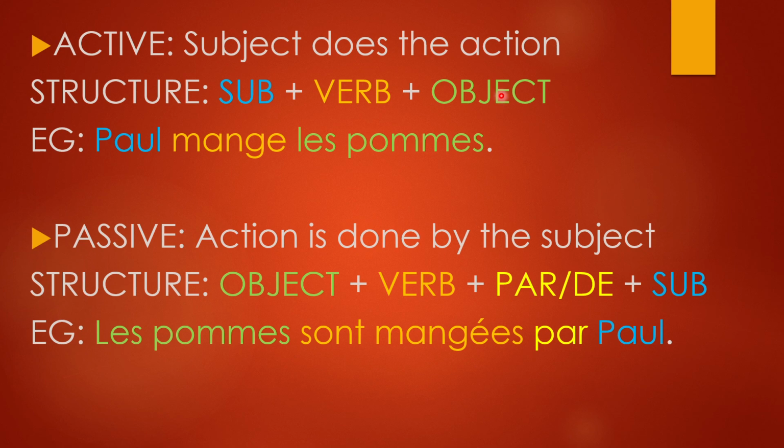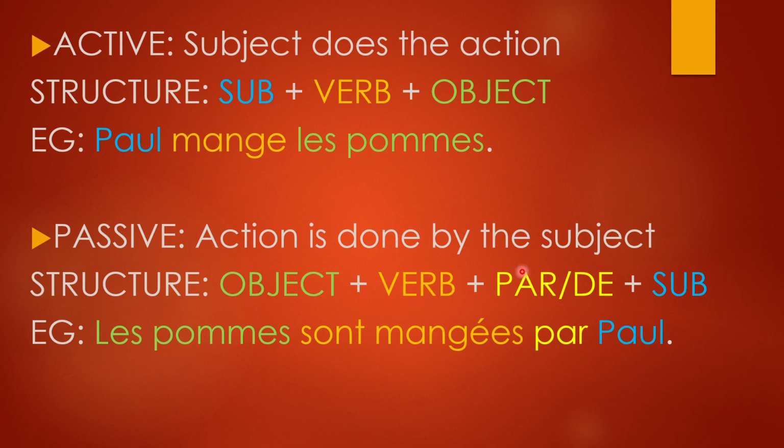When you have it the other way around, that is the object precedes the verb and the subject follows the verb, then you have a passive sentence where the object is given more importance, whereas in the active voice, the subject is given more importance. In the passive voice, we also introduce a new word here, which is in yellow, par or de. There is a difference between them, which we will see in the next slide.